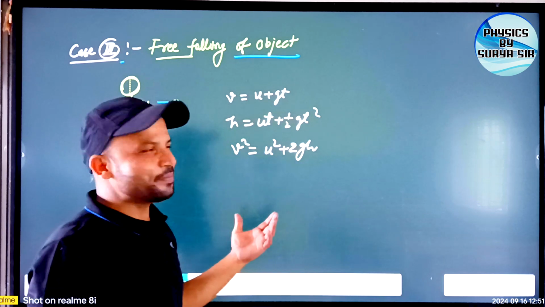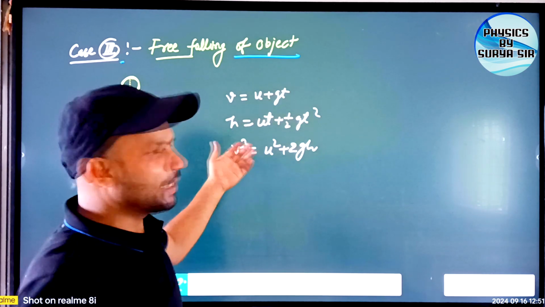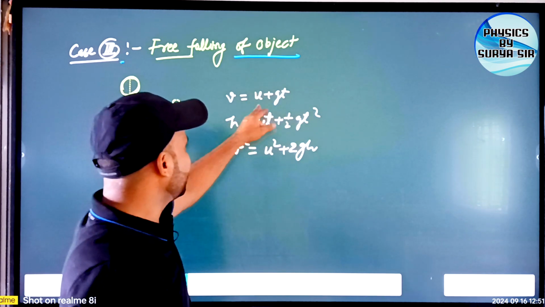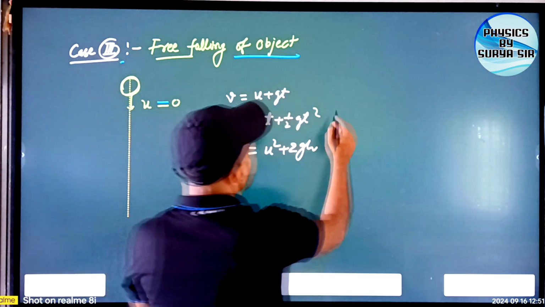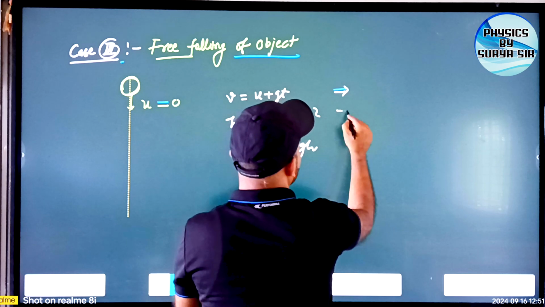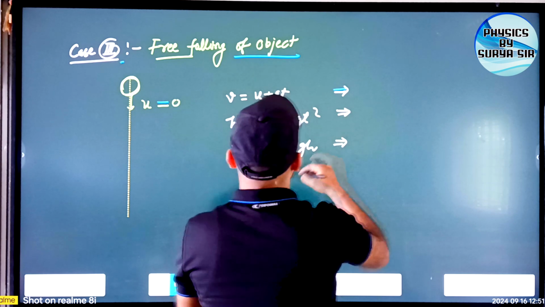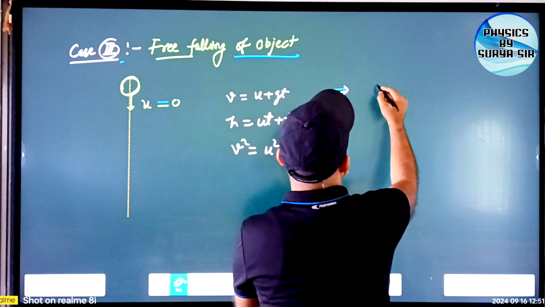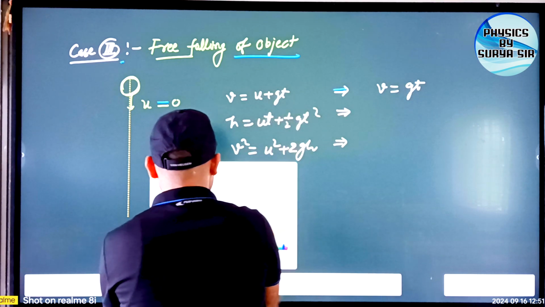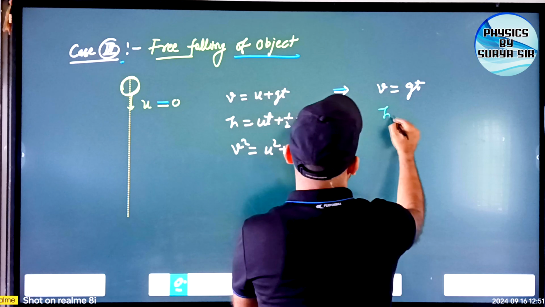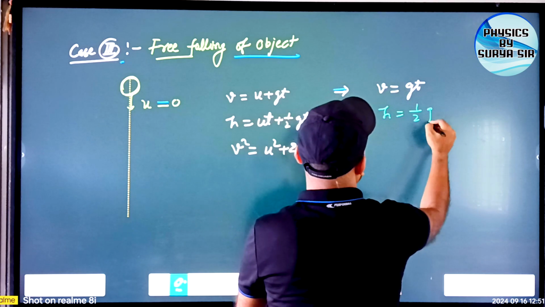But in this case there will be no initial velocity, so U is equal to 0. So we will get the equations for free falling. In the case of free falling, V is equal to GT, H is equal to half GT square.